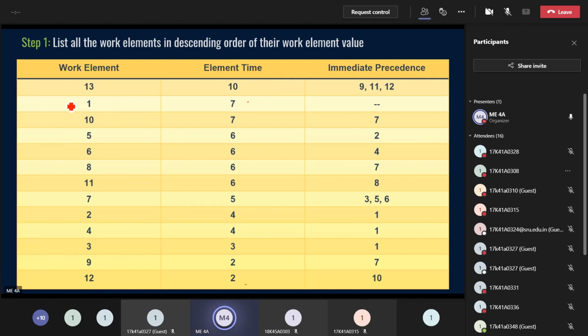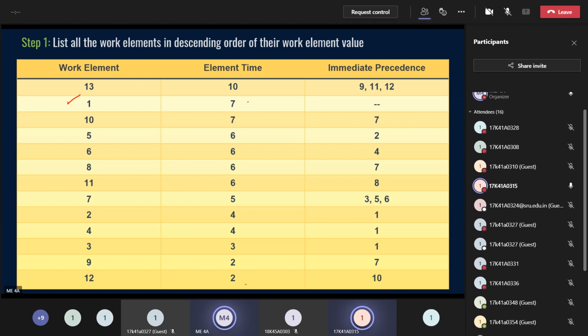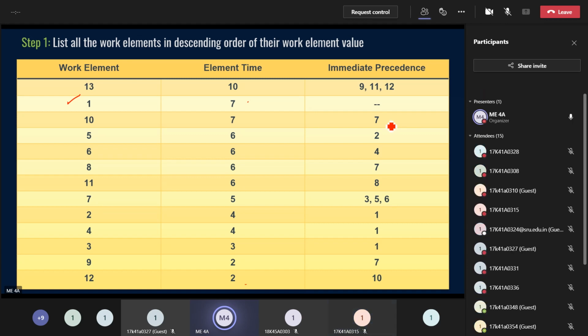Can I assign 13 now? No. 9, 11, 12 are not over. What is the next element I can assign? Can I assign 10? No, sir. The 7th element is not completed, so precedence is not satisfied. Can I assign 5? No, sir. The 2nd element is not over. You go through the table and tell me what is the next.